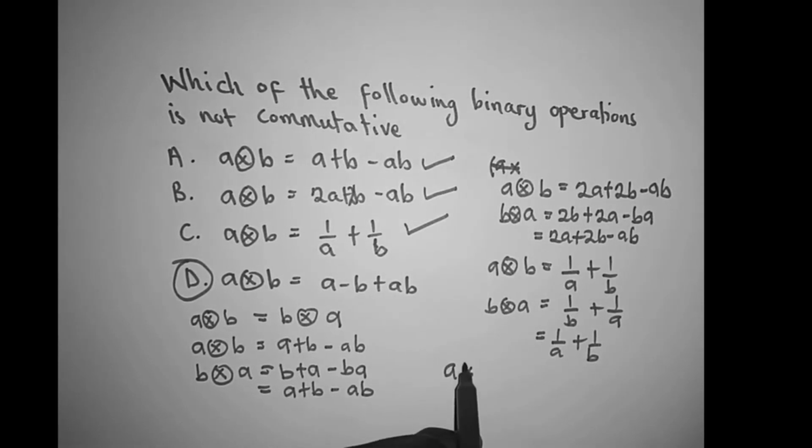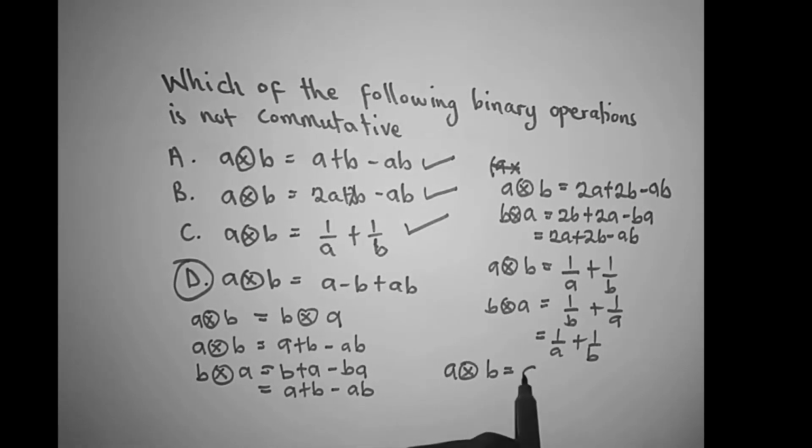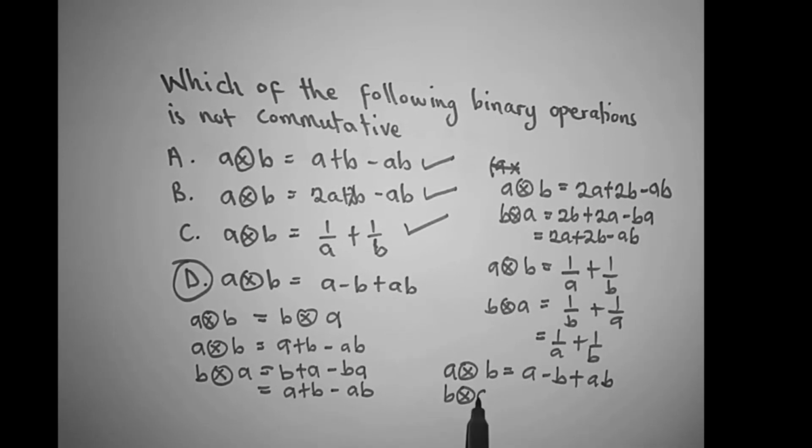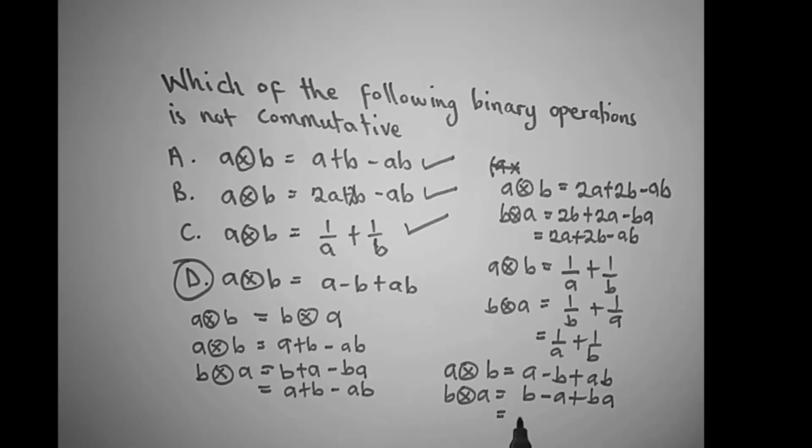A operation B equals A minus B plus AB. Now let's find B operation A. It's equal to B minus A plus BA. If we rearrange, it becomes minus A plus B plus AB. So you see that AB and AB are the same.